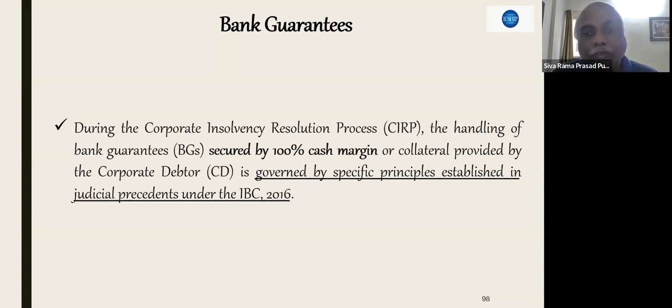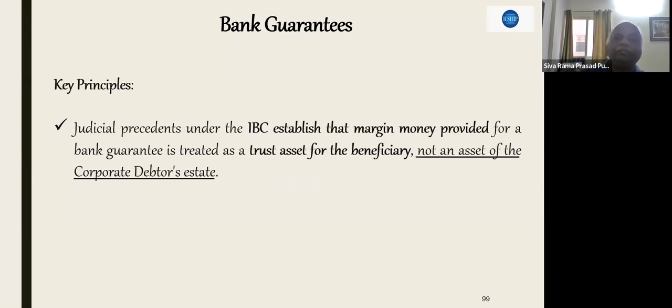This is governed by specific principles established in judicial precedents under the IBC. Now I will discuss in detail. Judicial precedents, particularly under the IBC, established that margin money provided for the bank guarantee is treated as a trust asset for the beneficiary, not an asset of the corporate debtor.